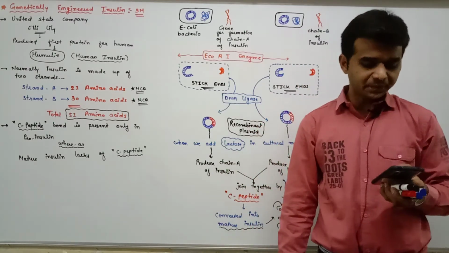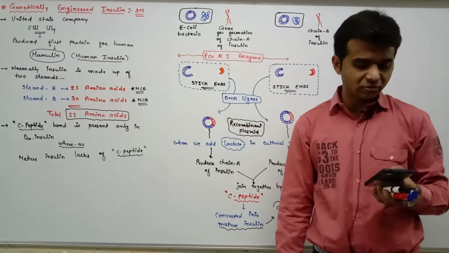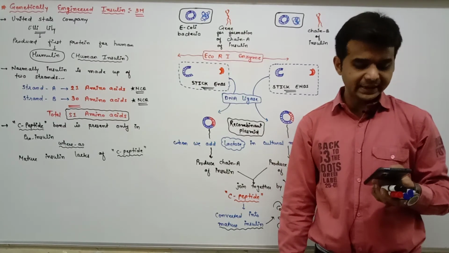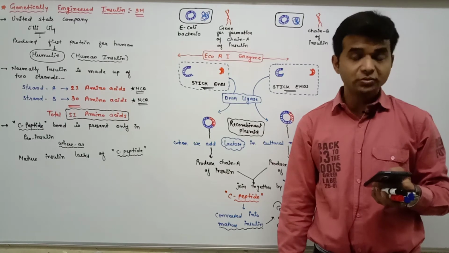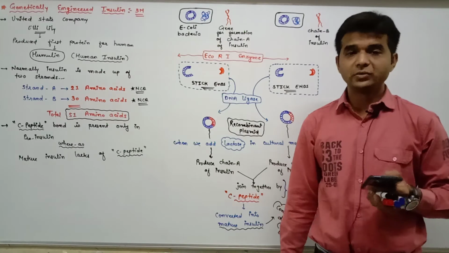The main challenge for production of insulin using recombinant DNA technology was getting insulin assembled into the mature form. You remember this?